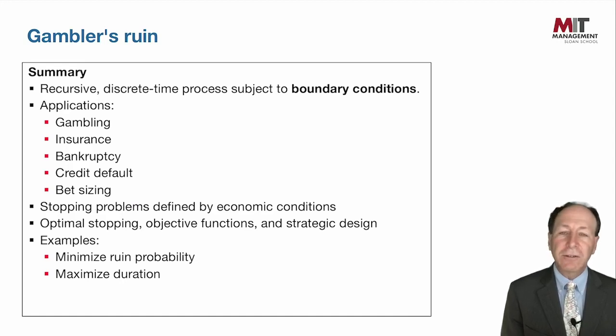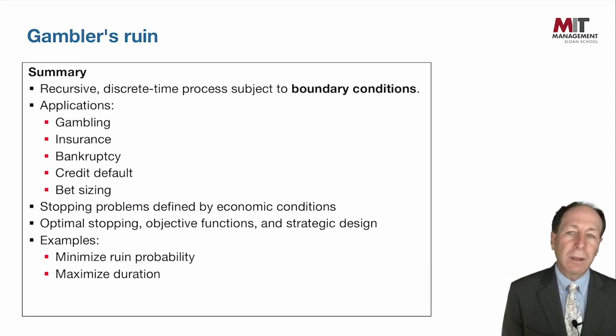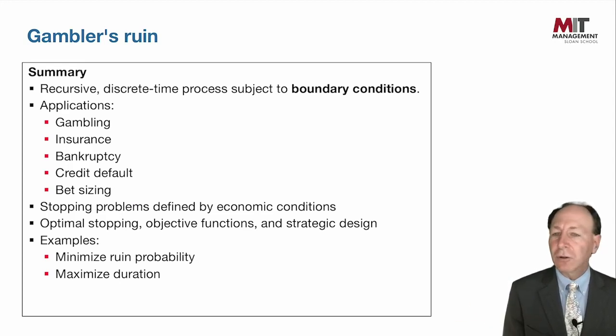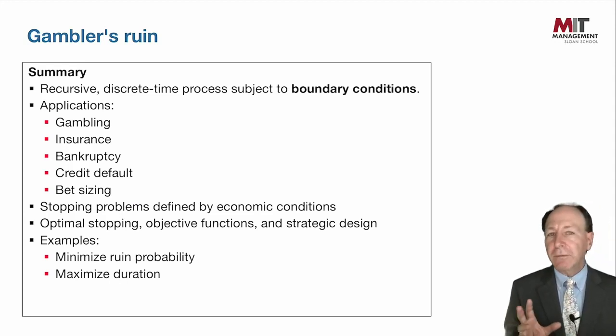The stopping problems that we consider are things that could be defined by economic conditions, such as a company in distress meeting a particular term in a covenant, or a bank loan being called subject to certain terms. We can think about optimal stopping problems where we might have different kinds of objective functions.